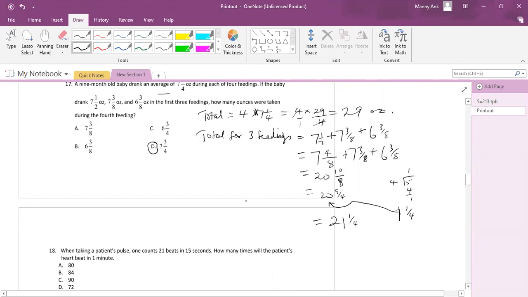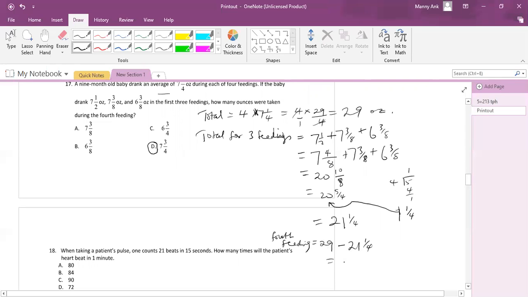Okay. So how do I get the 4th one? So to get the 4th one, that means that I have to subtract from the 29. So 29 minus 21 1/4 to get the 4th feeding. I can create a fraction from the 29.